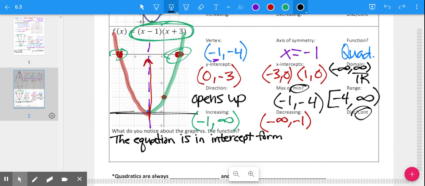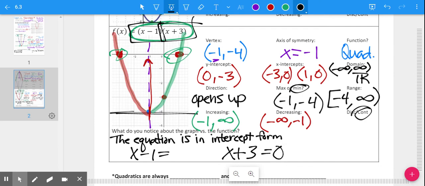So when we look at our equation, if we plug in a -3, we should get out a 0. The way you find the intercepts in intercept form is you take each binomial, so x minus 1 and x plus 3, and you set them equal to 0.